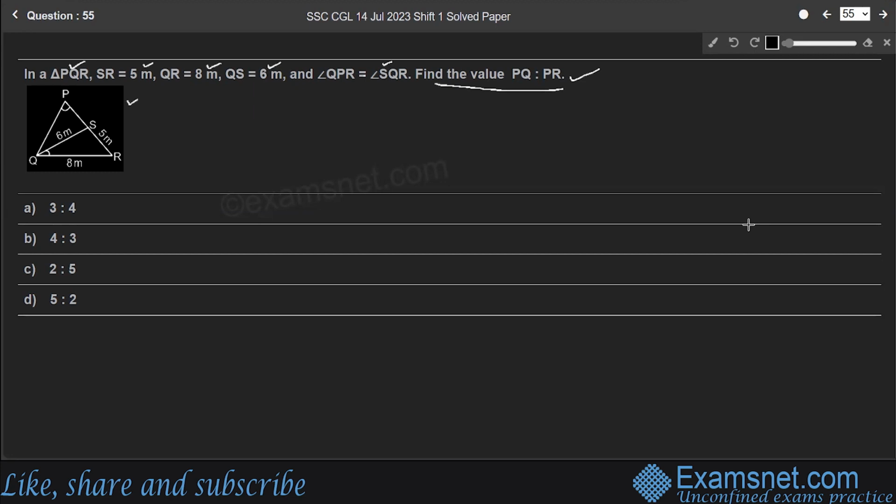So by considering the given figure, consider triangle PQR and SQR, the small triangle, and the whole triangle PQR. So in triangle PQR and triangle SQR, given that angle QPR, this angle P, is equal to angle SQR in triangle SQR.